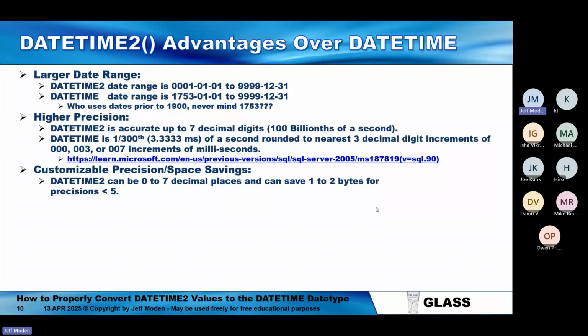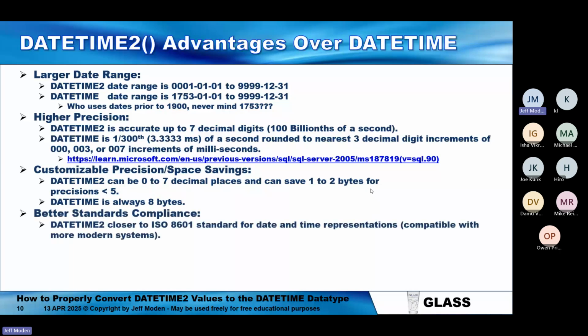But if you can get away and use hundredths of a second, you can get down to 6 bytes. DateTime, on the other hand, is always 8 bytes. I don't ever recommend using small DateTime because it rounds up to the next minute at the 30-second mark, and it's only got a resolution of hours and minutes. It will display hours, minutes, and seconds, but the seconds are always displayed as 00 for small DateTime, so I'd stay away from it.